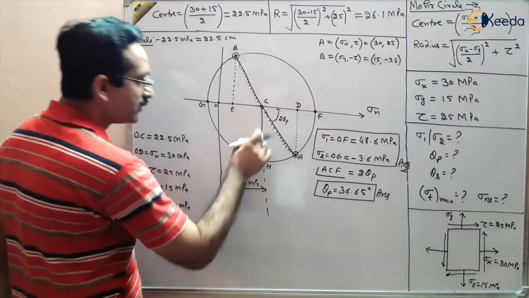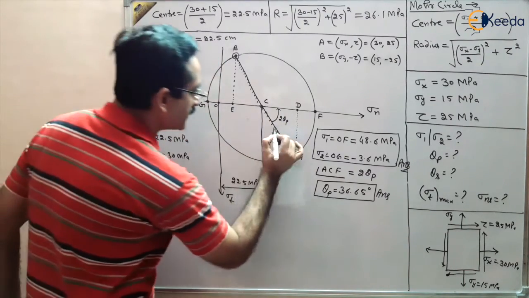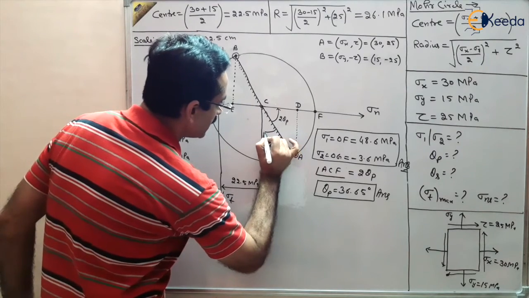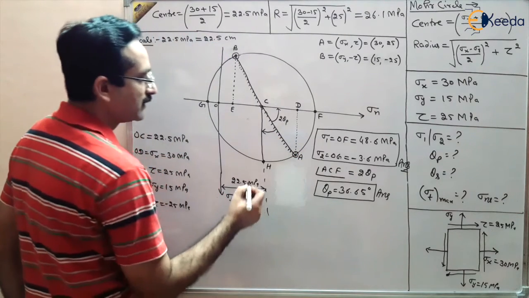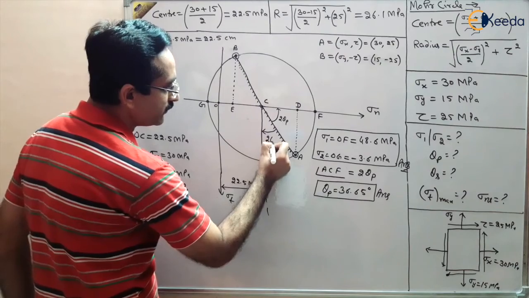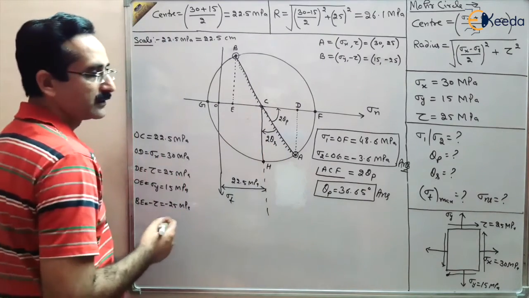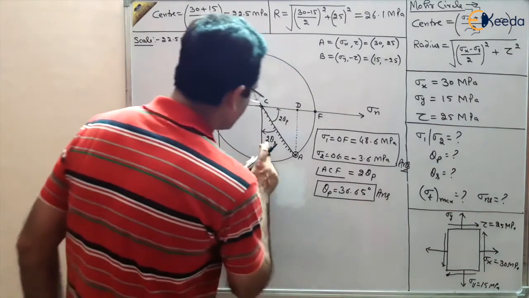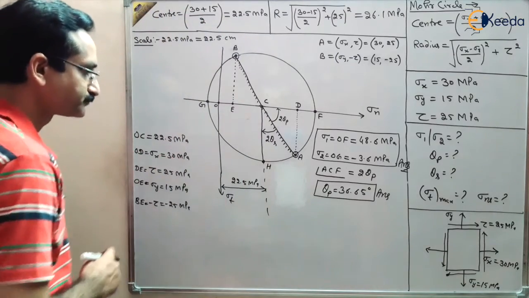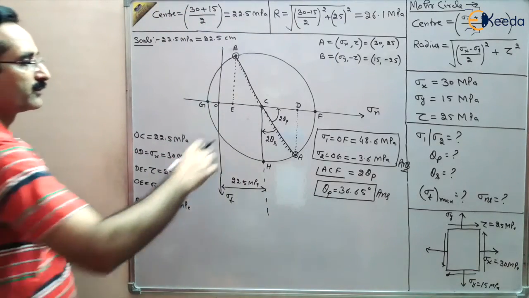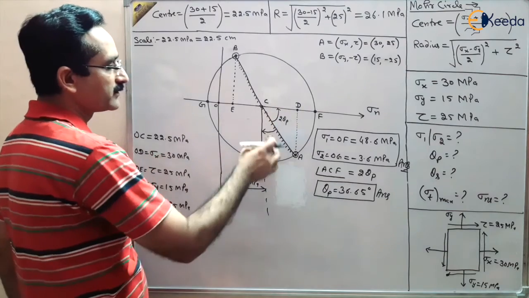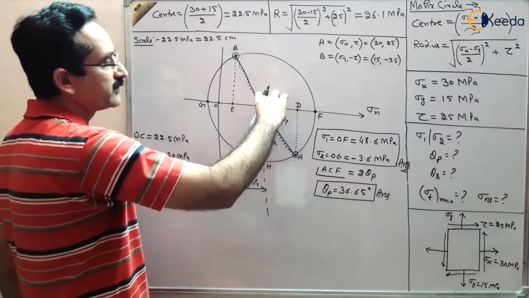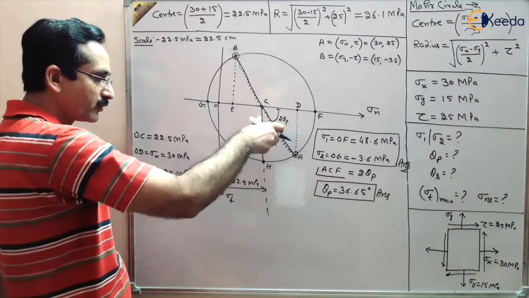When you move your protractor in this direction, you will get the plane of maximum shear stress, and this angle will be double of the angle in actual condition, right? So we will get 2 theta S here, and because it is clockwise, it should be negative, and anti-clockwise we are taking positive, so we have moved clockwise.